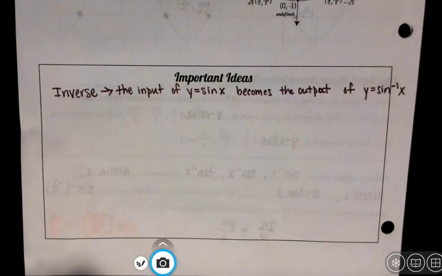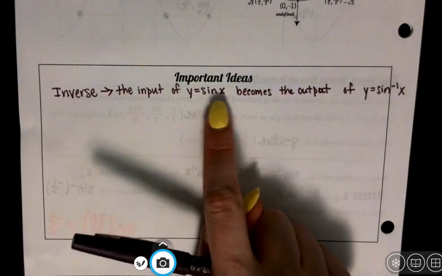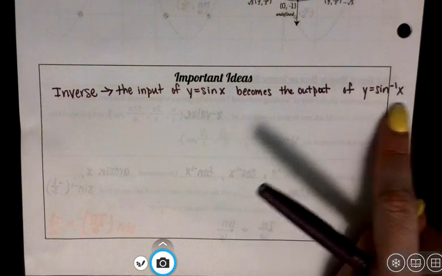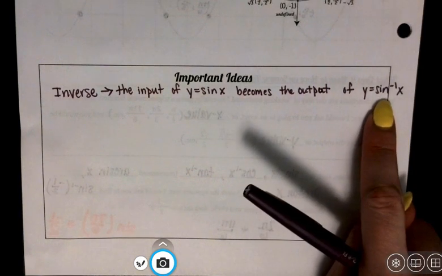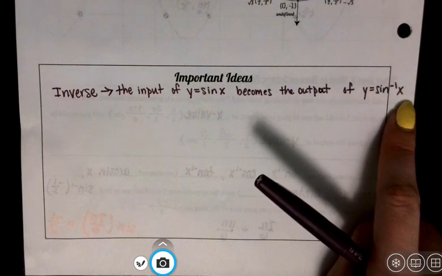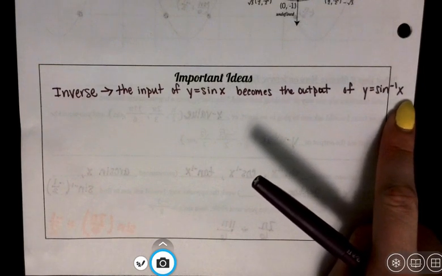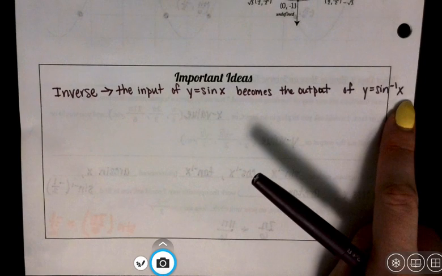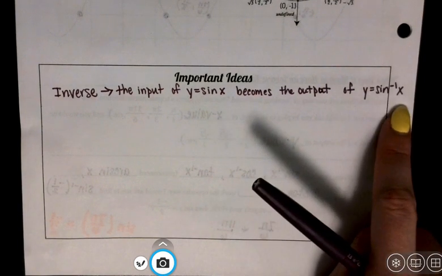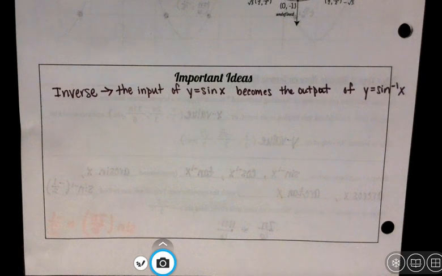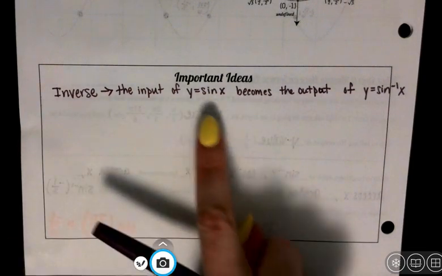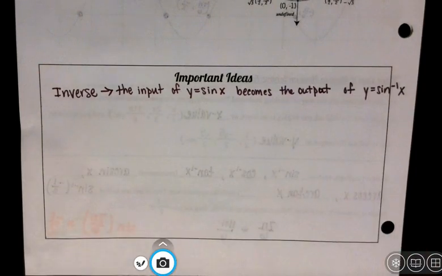So if I ask for sine of some angle, that angle is your input. But for arc sine, I would be asking for arc sine of 1/2 or square root of 3 over 2, or negative square root of 2 over 2, and my output ends up being the angle that has that on the unit circle as the y value. So with our regular trig functions and our inverse, our inputs and outputs kind of switch.